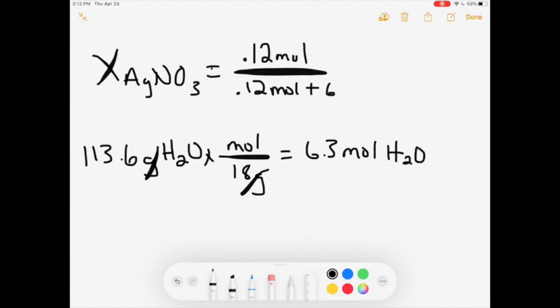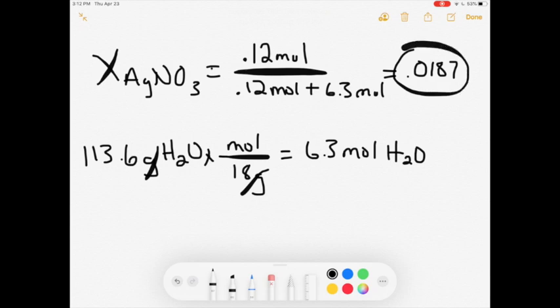So we just need to include that here, 6.3 moles, because again, this bottom part is total moles. So we divide the two, and we are going to get 0.0187. So remember, mole fraction does not have units because these moles just end up canceling. So it's just 0.0187.